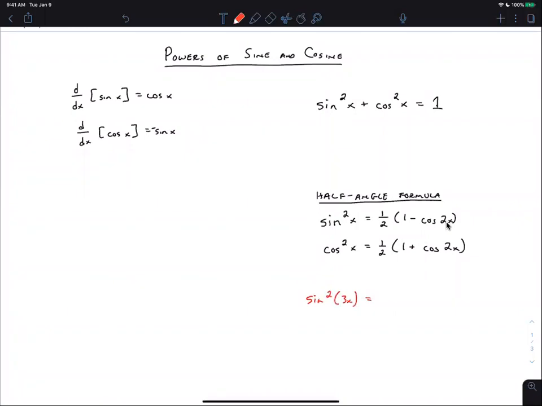So this would be 6x. Does that make sense to everybody? So that would become 1/2 times 1 minus cosine of 6x, based on what this is already saying. It's just sometimes in the middle of a big problem, it's easy to mess this up. So does everybody see why it's that? That makes sense? Okay, any questions so far?